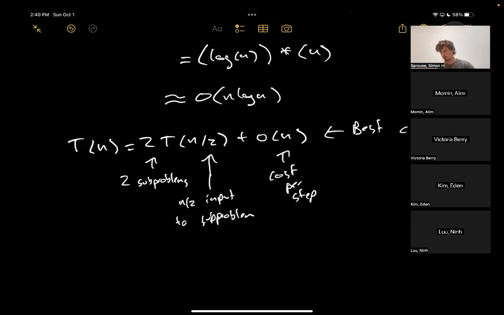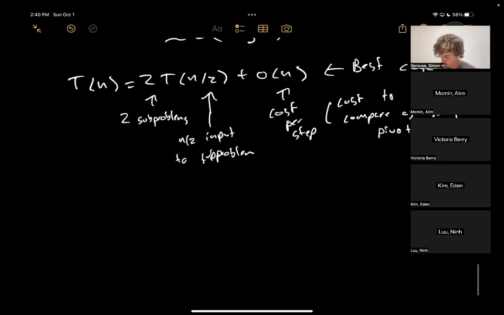Because for each pivot point, in this case, it's going to be the cost to compare against the pivot point. Okay, so that's why the formula looks this way.